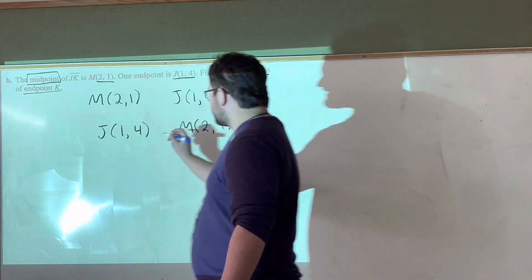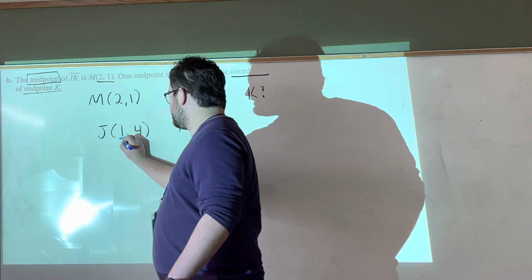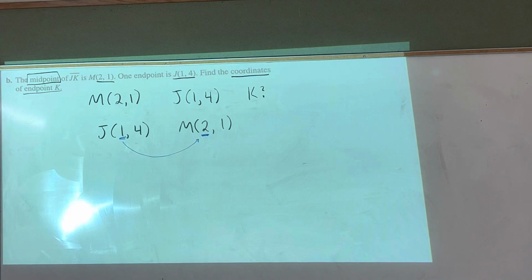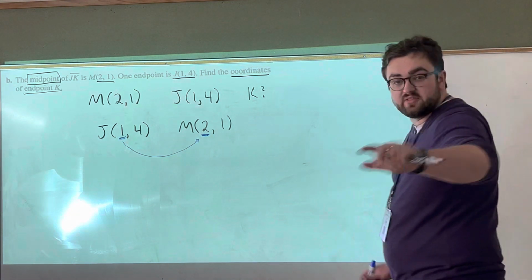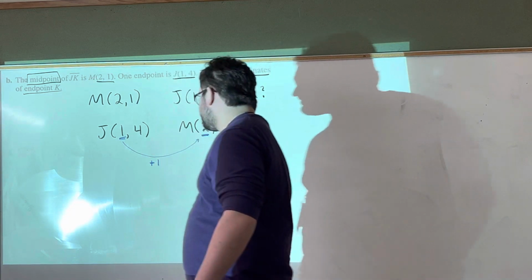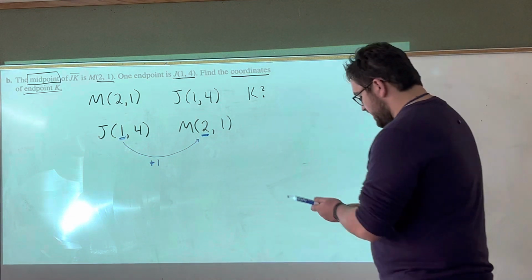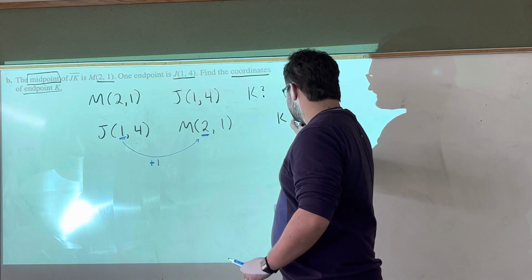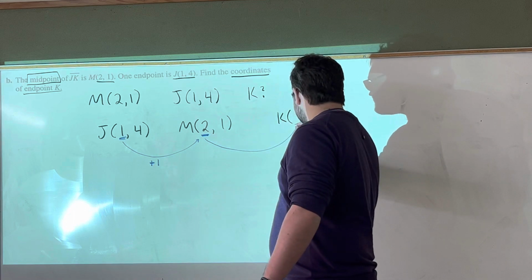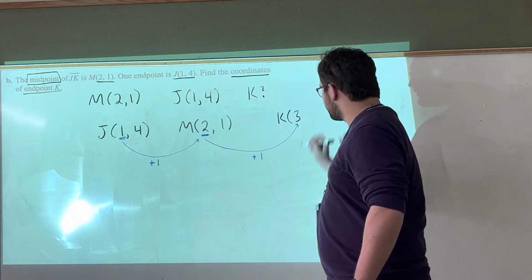So if I compare my x coordinates from 1 to 2, what pattern do we notice? To me, and I'm not looking for anything super in-depth here, I notice that they add 1. To go from 1 to 2, we just add 1. So we can logic that to get to K, we would have to add 1 again. So our K value would be 3.